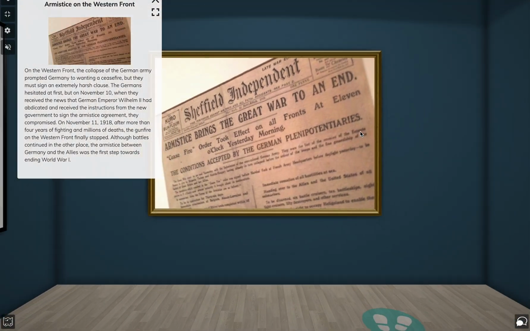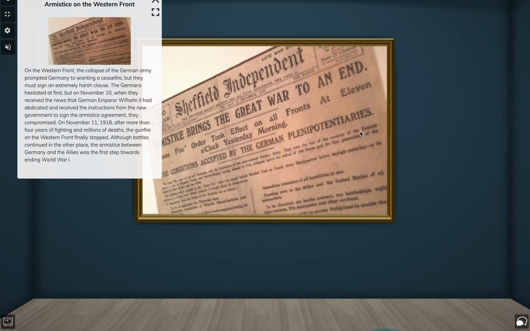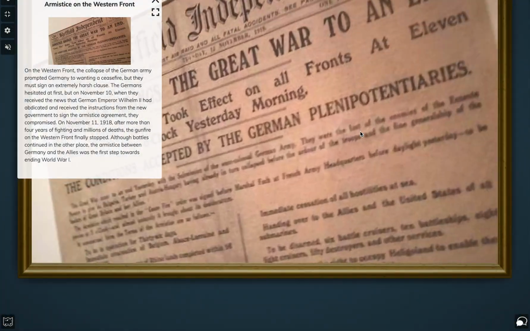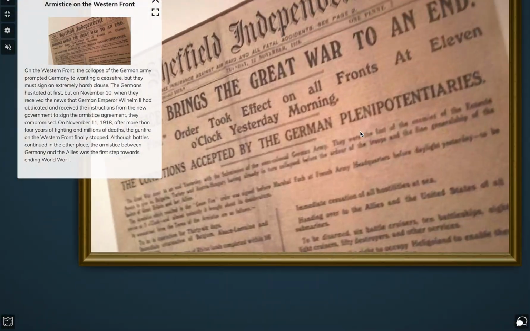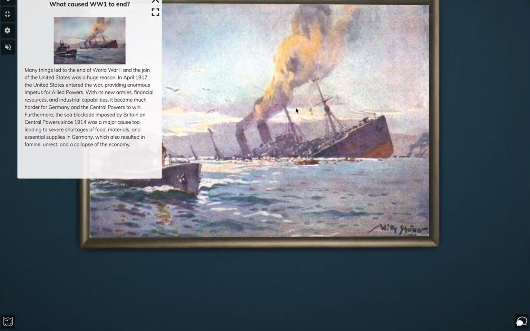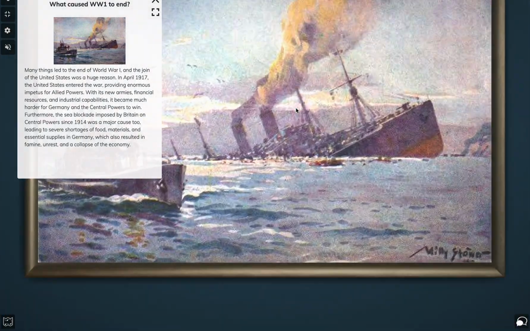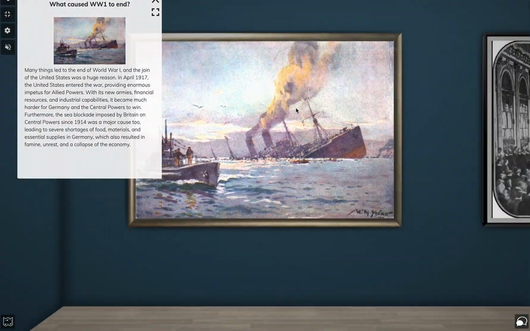And this is about the armistice on the Western Front, where the Germans signed an armistice to stop the war. And this is what caused World War One to end. It has two main reasons.